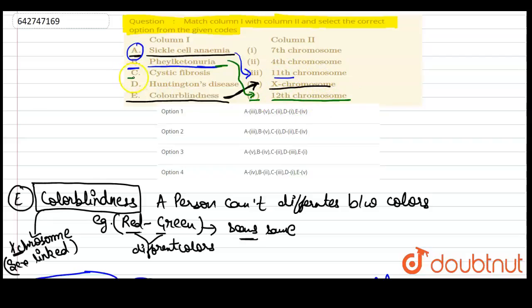Now if we consider C, it mentions cystic fibrosis disease.